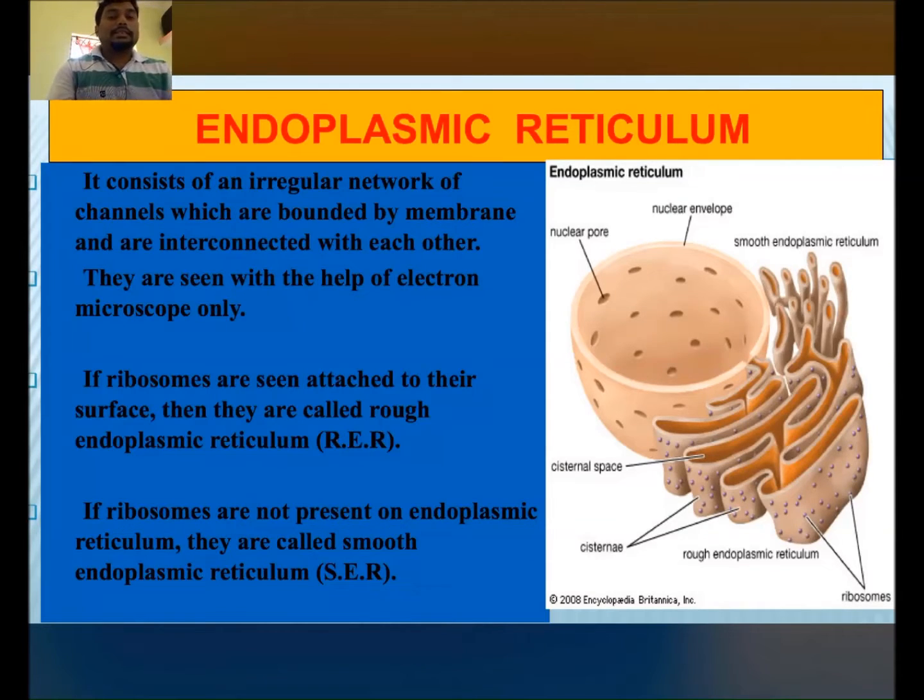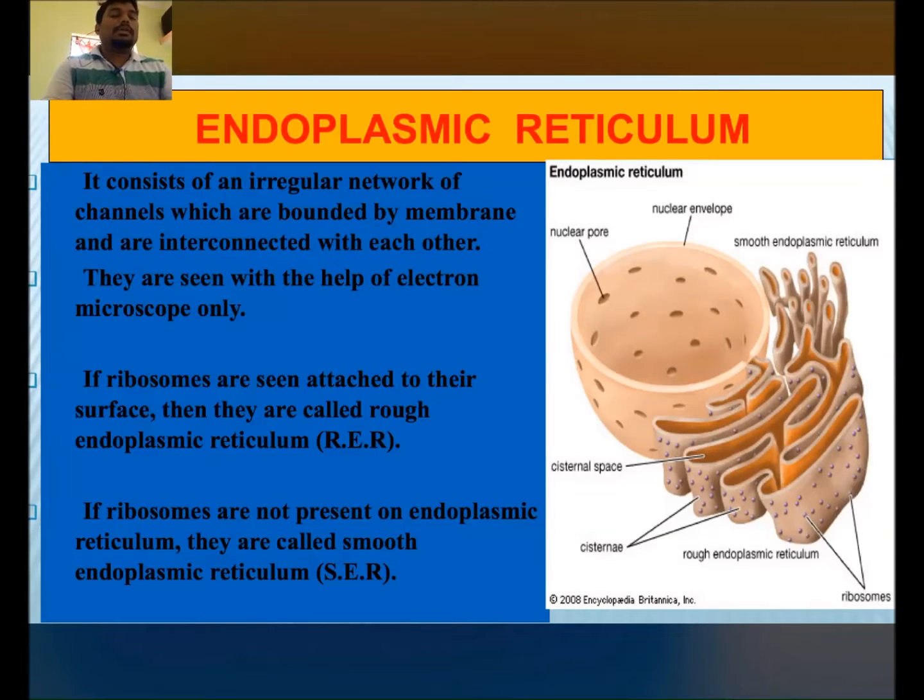Now second one is SER. SER means smooth endoplasmic reticulum. Simply, if ribosomes are there, then it is rough. If ribosomes are not present, then it will be called as smooth endoplasmic reticulum. On these endoplasmic reticulums, ribosomes are not present, so it is called smooth endoplasmic reticulum.